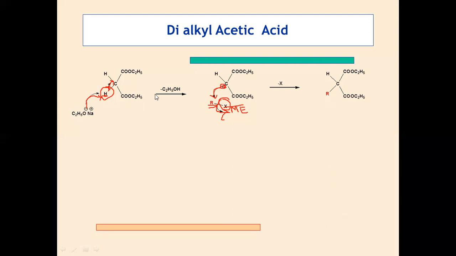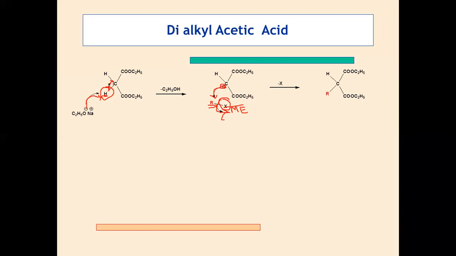First step, abstraction of proton by means of a strong base. Now that reacts with the alkyl halide. This is a proton which is to be replaced by means of an R group. That already we have seen in the synthesis of a monoalkyl acetic acid. If you do hydrolysis, then you will get a monoalkyl acetic acid.